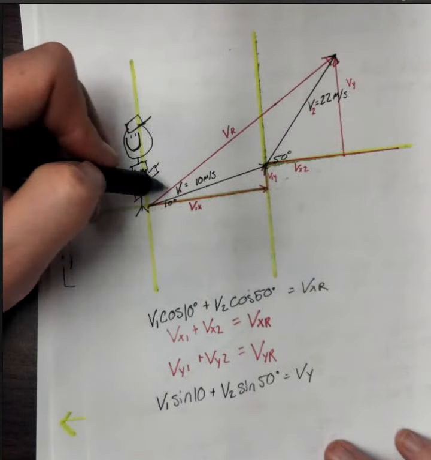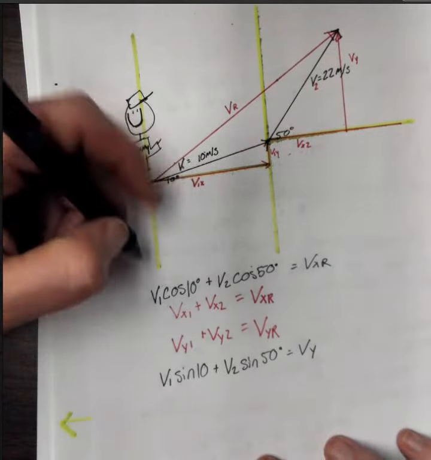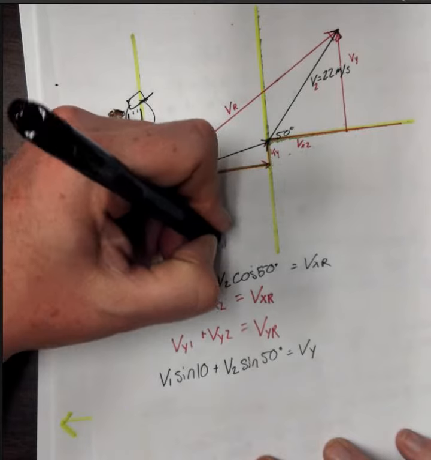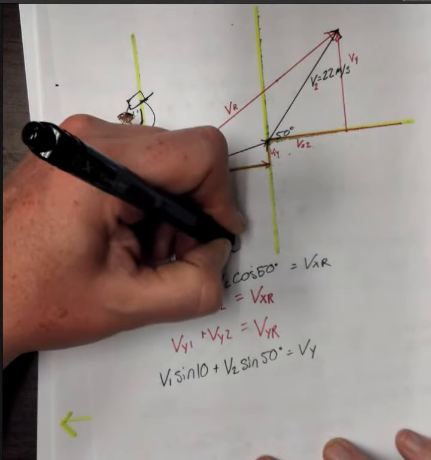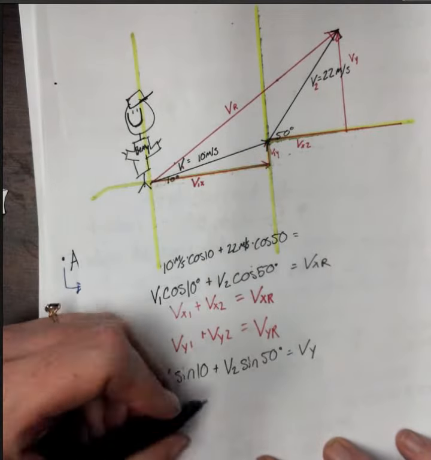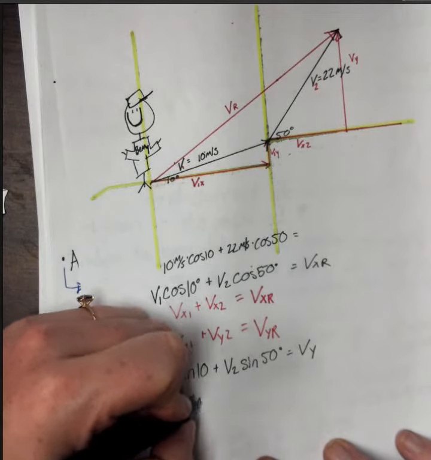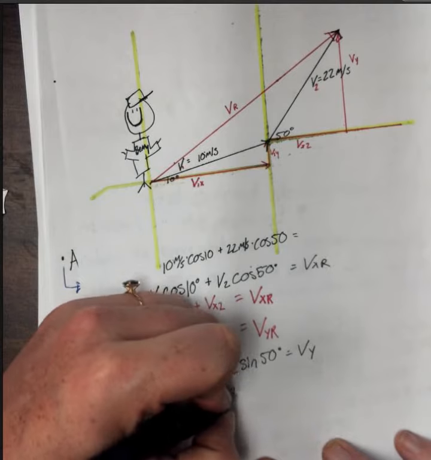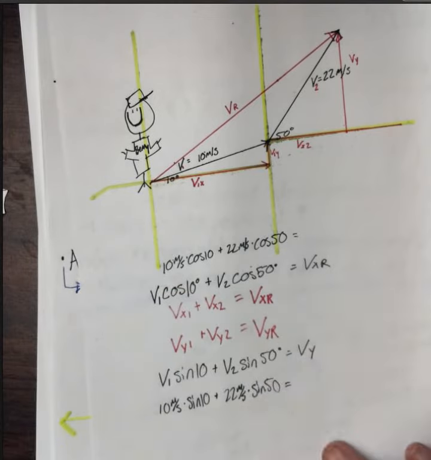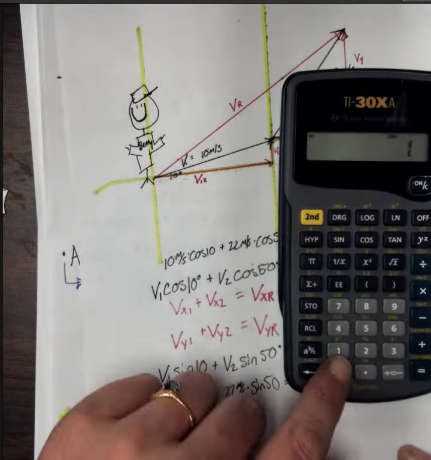Plugging in the value of the first velocity vector and the second velocity vector gives me, for the first problem, 10 meters per second times cosine 10 plus 22 meters per second times cosine of 50. And down here, 10 meters per second times sine 10 plus 22 meters per second times sine 50. And I solve. How you solve these is really up to you and your comfort level.